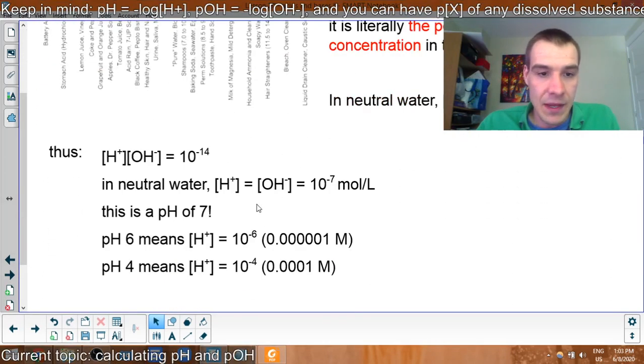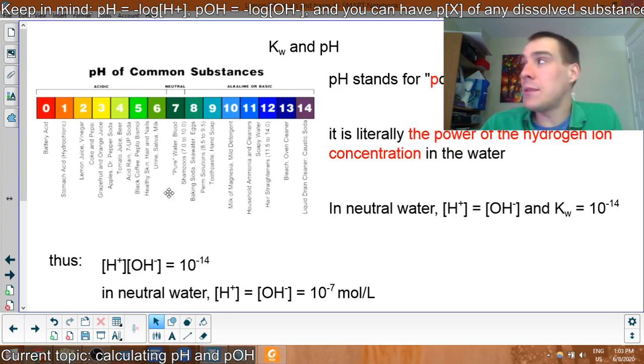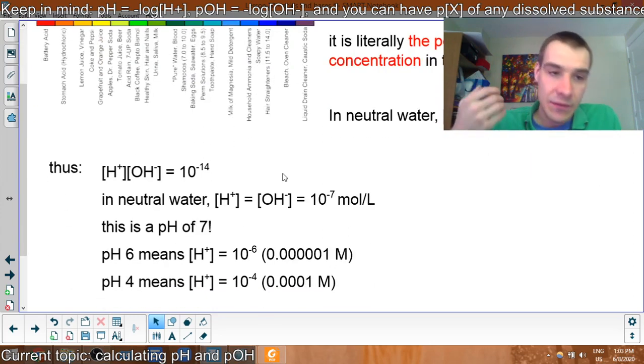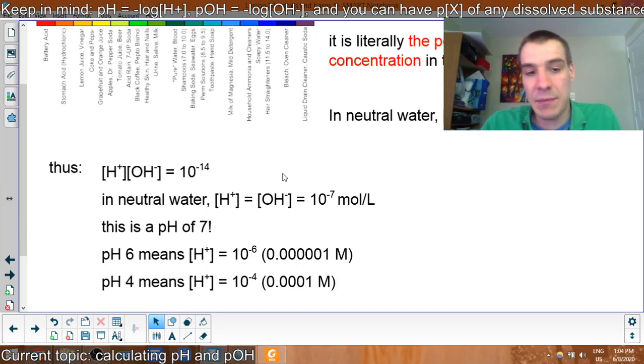It's very cool. A pH of 6 means 10 to the negative 6. Now it's a smaller negative number, so you've got a higher concentration. Negative 4, another higher concentration. That's why lower numbers mean more acidic, because there's more hydronium. There's more of this H+ in the water. Which of course means you can go below 0 pH. You can have a pH in the negatives.